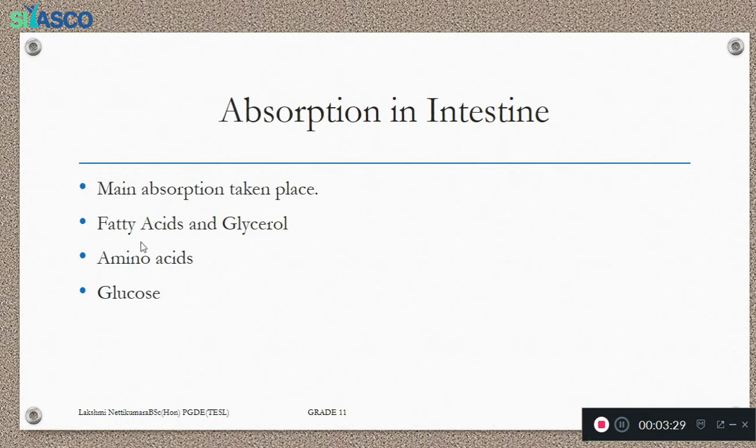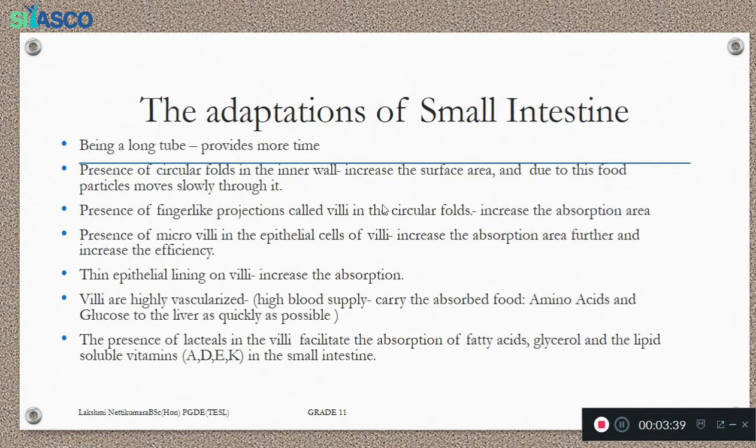They are fatty acids and glycerol, amino acids and glucose that get into the bloodstream or are absorbed to the body. And this small intestine is a very special structure. It adapts to this process very well. Let's see how it is adapted to this process.